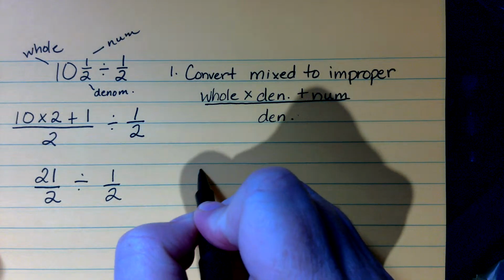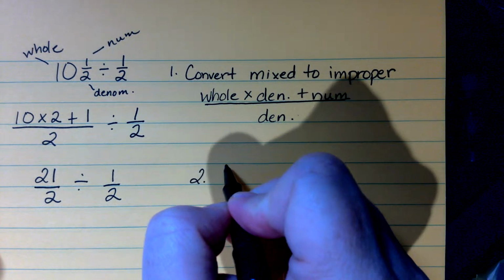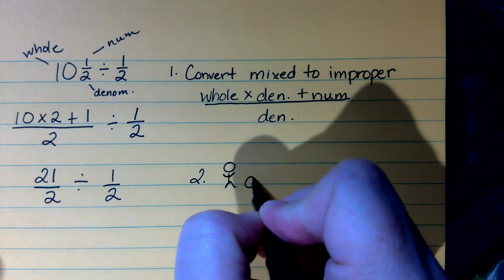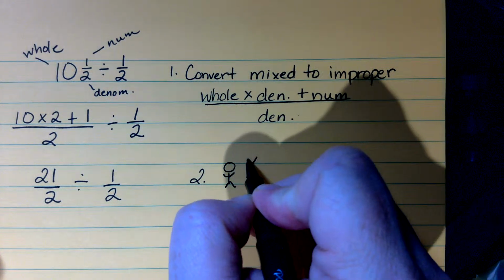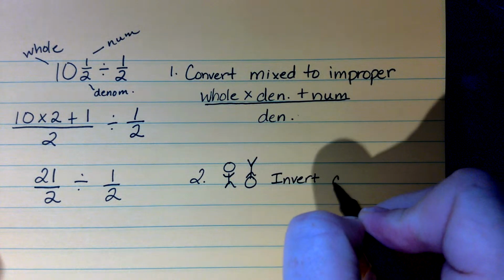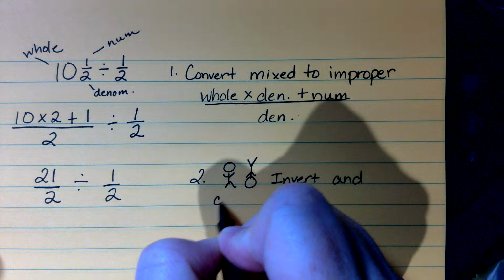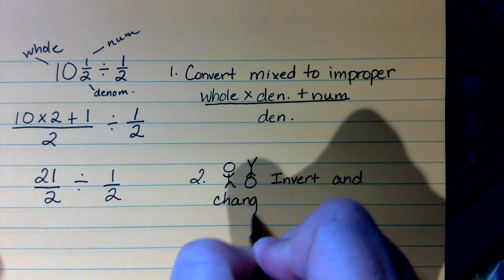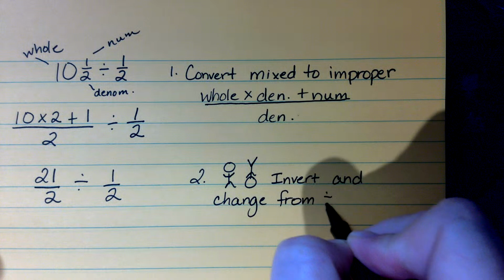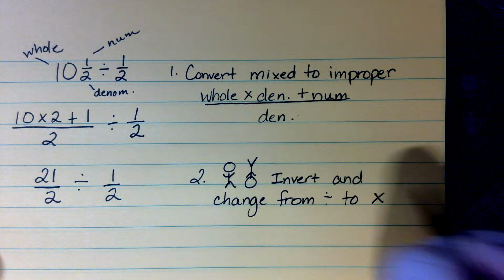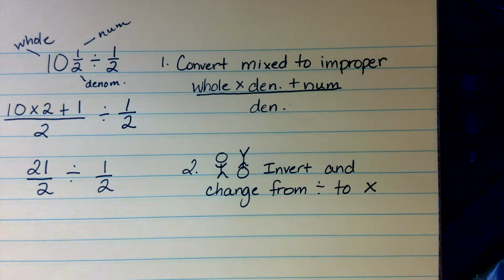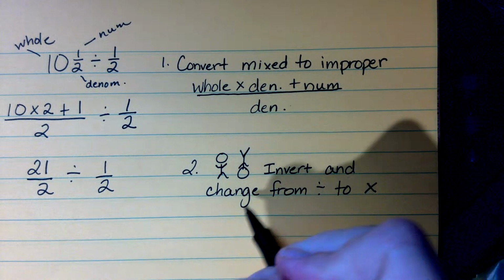So step 2 is going to be invert and change from division to multiplication. With that, we're only going to invert the second fraction.